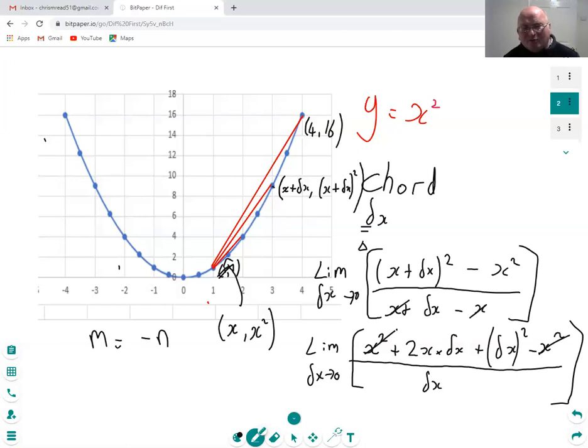The trouble with making delta x 0 to start with is that when you start dividing by 0, you run into difficulty. So let's see if we can remove a delta x from the bottom before we start making it 0, so we don't cause any problems. The delta x will cancel with that, so it's just 2x.